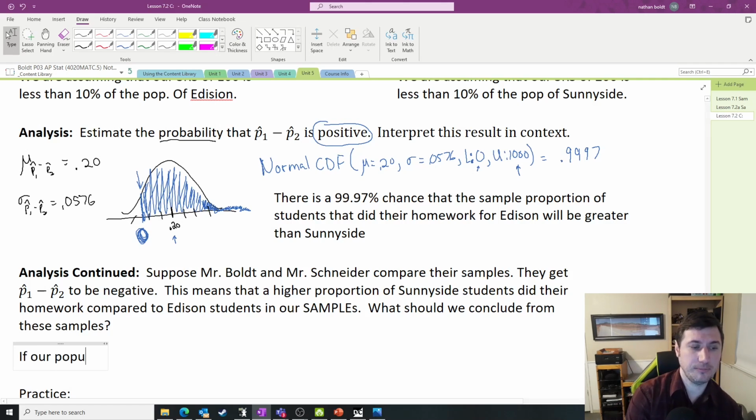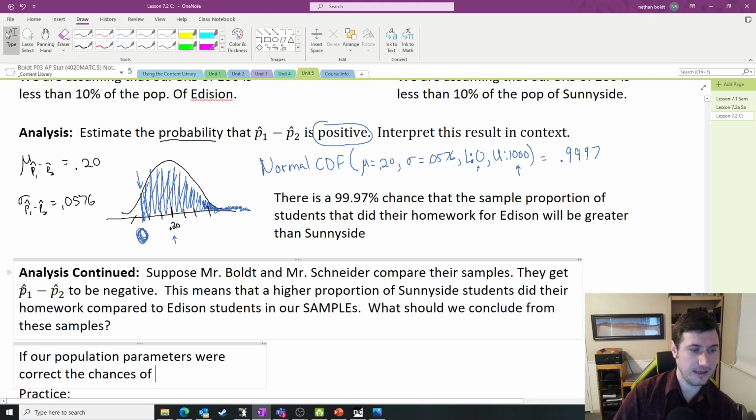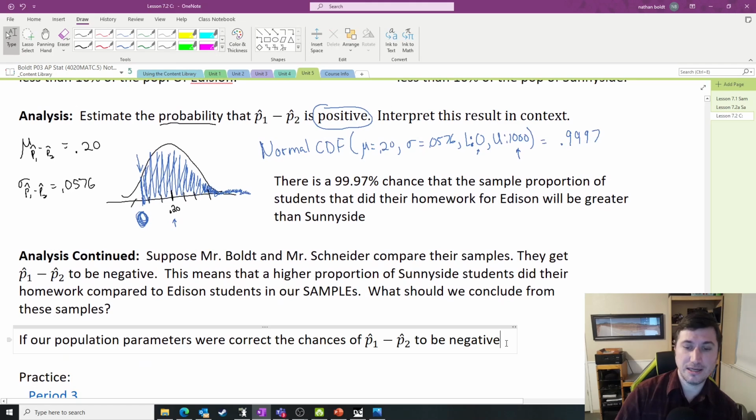If our population parameters were correct, the chances of P1 hat minus P2 hat to be negative were extremely low and shouldn't happen.